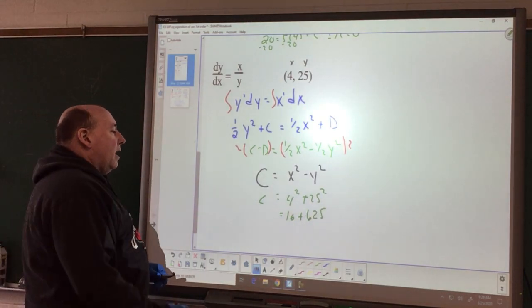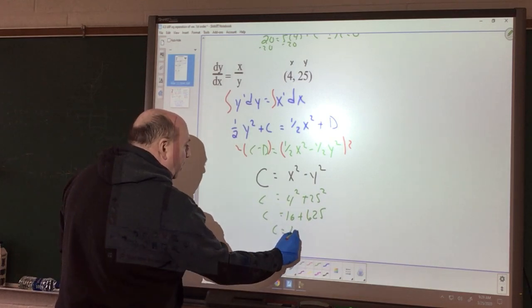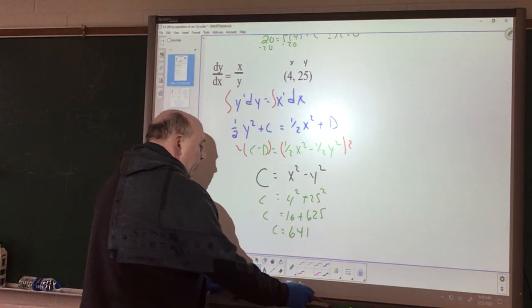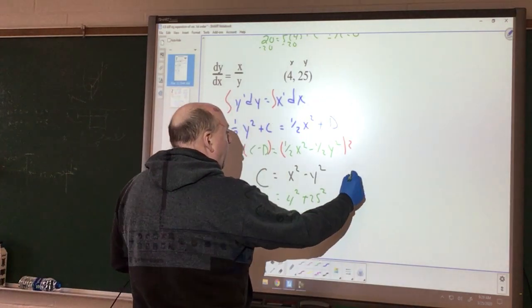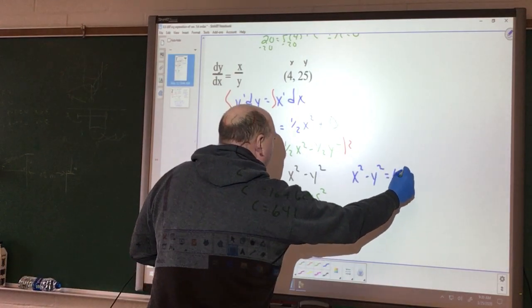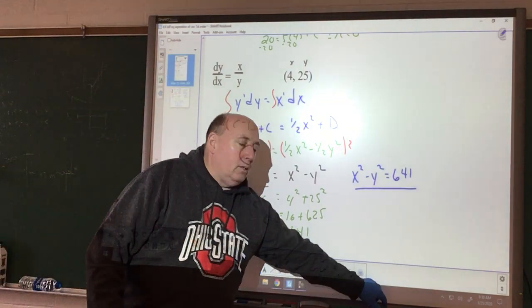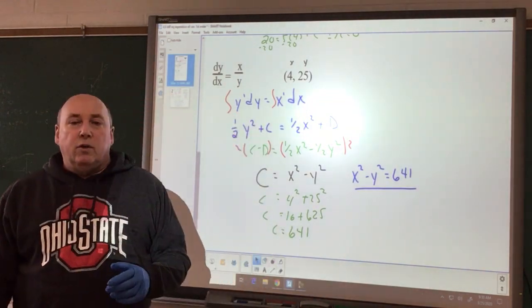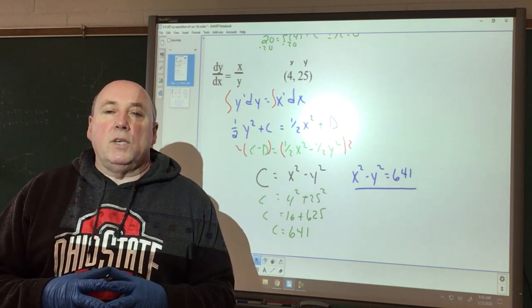So we have c is equal to 641. So x squared minus y squared is equal to 641. Again, just technique of solving differential equations. Okay, this is the last of the new material of the chapter.